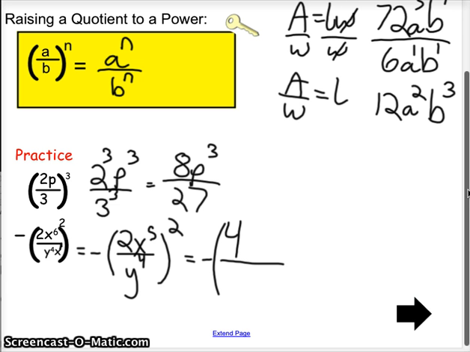Power of a power, I multiply my exponents. Then on the bottom, y to the 4 squared. Again, power of a power, that means we're going to multiply those exponents. And that is going to be our final answer for this one.